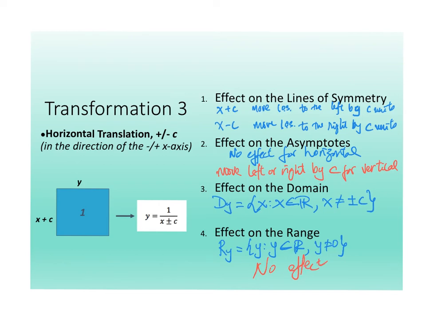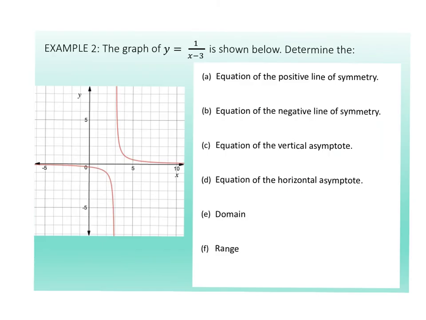So now we have looked at the three types of transformation. We can now go into determining the equation of a rectangular hyperbola. We are using the example of y equals 1 over x minus 3. Again, let's draw the line of symmetry.